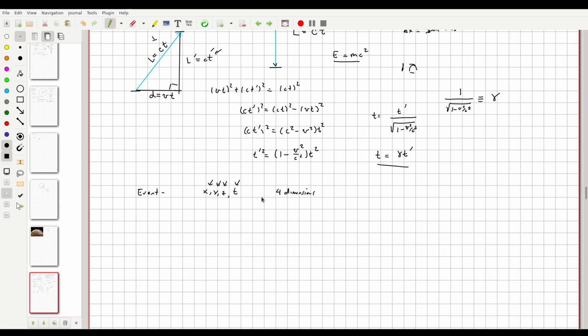And if you take space and you add it to time, you have space-time. So 4-dimensional space-time is a consequence of the fact that time isn't the same everywhere in the universe.